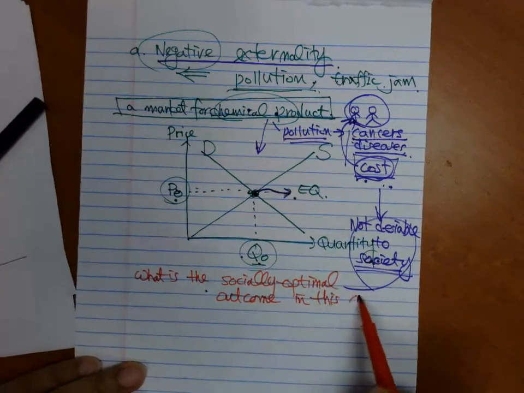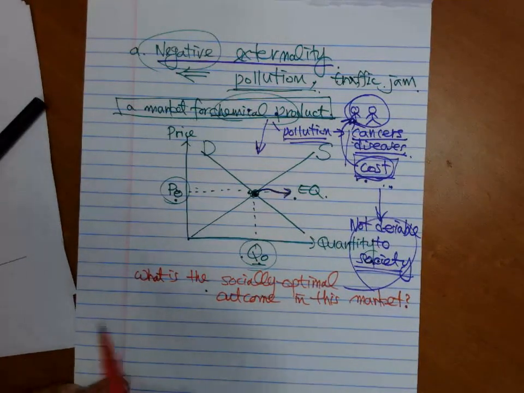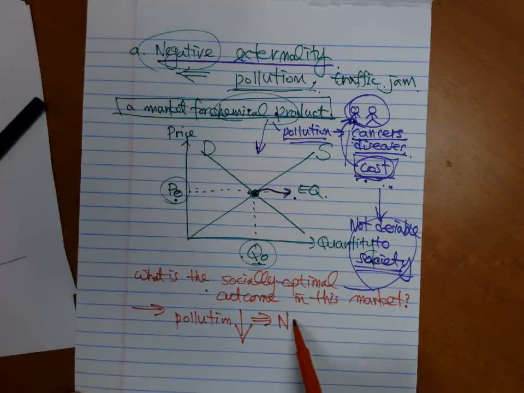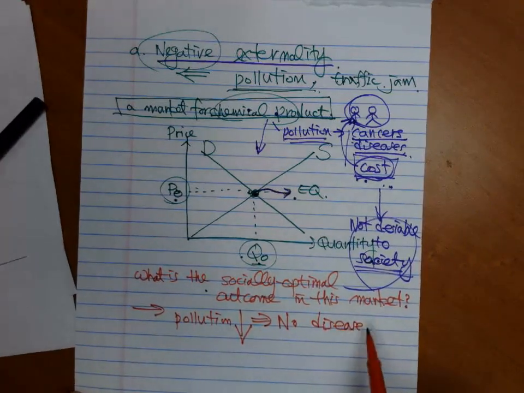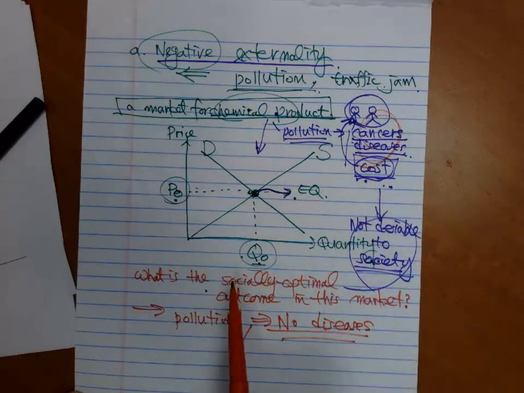So there's no disease to these people. That's the socially optimal outcome. Then consider how we can fix this market. Well, as long as we are able to reduce the pollution, we're not going to have this disease caused by pollution.